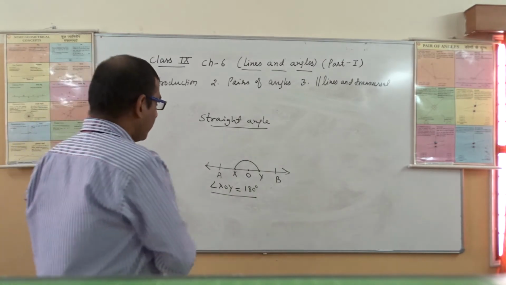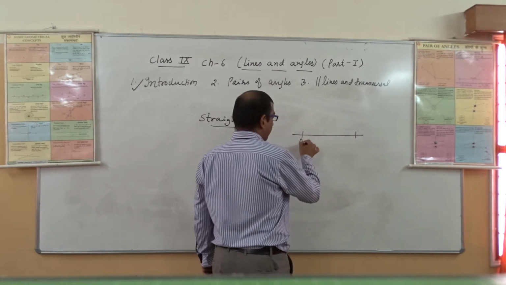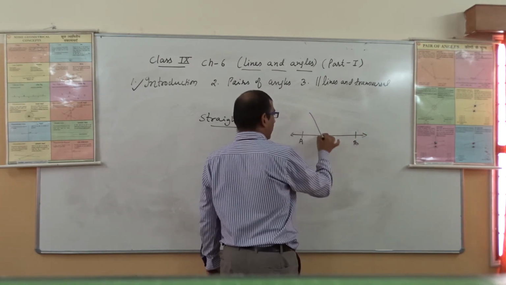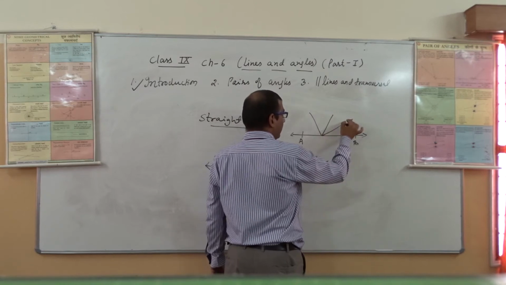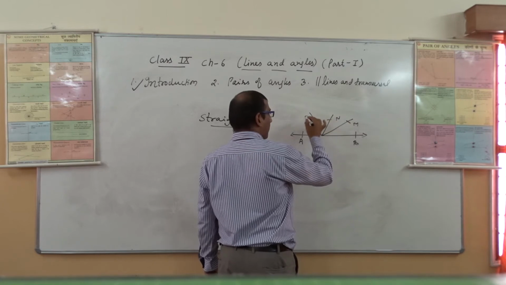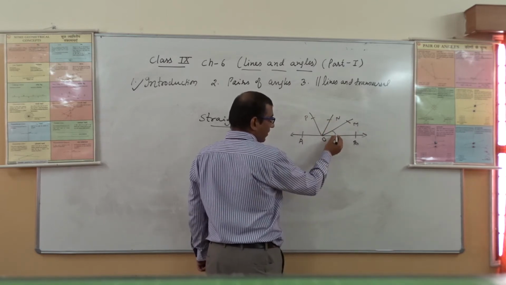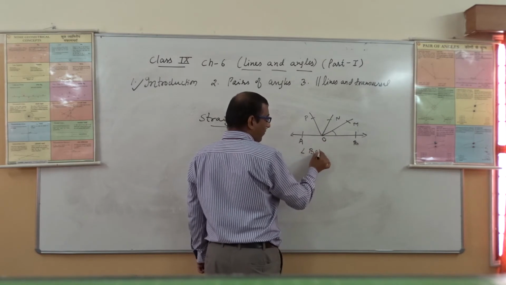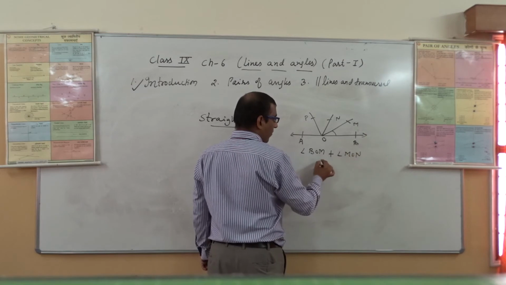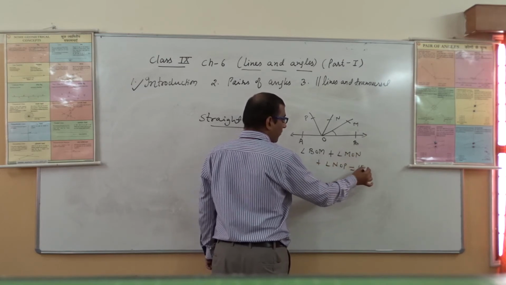One other concept is there in straight angle. If I say this is the AB line and there are three angles 1, 2 and 3, and this is your M, N, P related with O, then we can say angle BON plus angle MON plus angle NOP, their sum becomes 180 degrees.